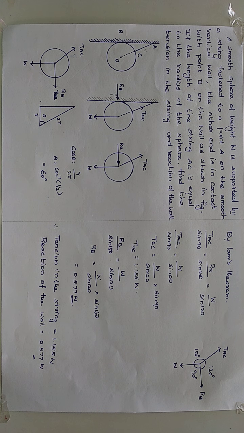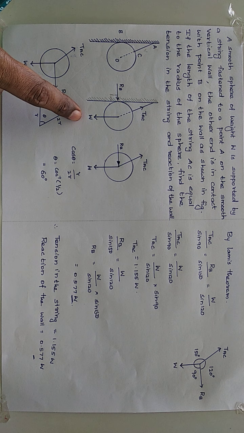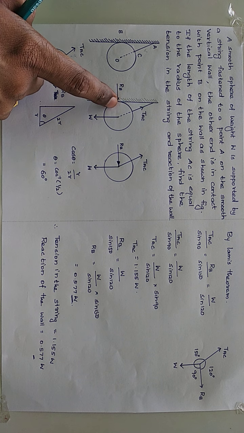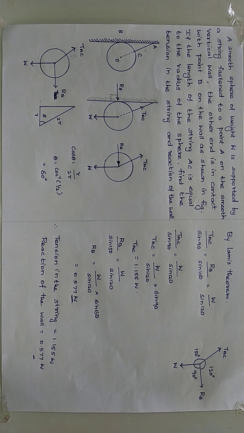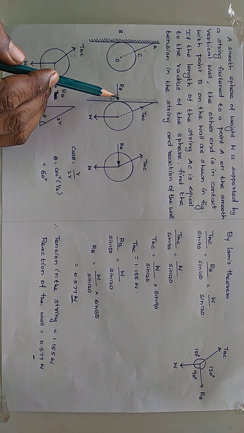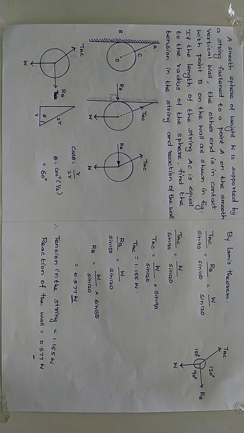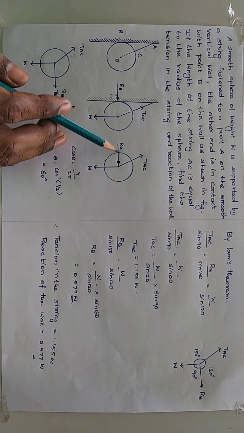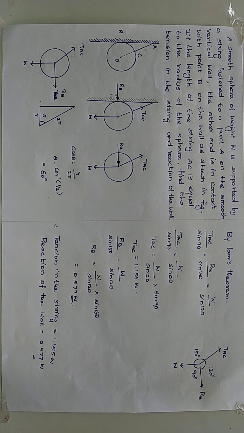When the weight is acting downwards, the tension force acts upward. At the contact surface, one reaction force is created, and that reaction force is perpendicular to the wall. So here we have three forces: one weight, one reaction force, one tension.